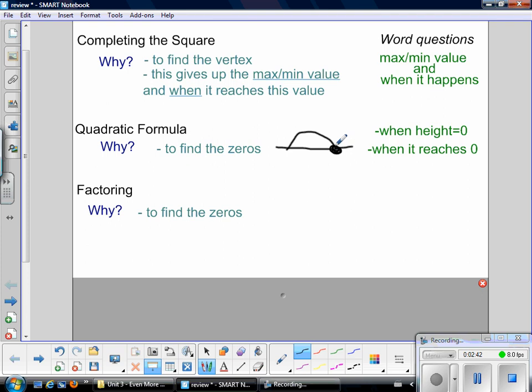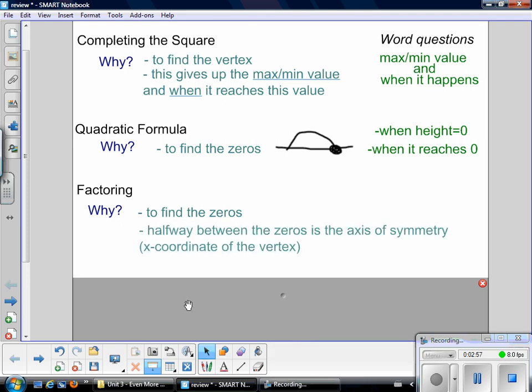That is what we're interested in because that's the 0. Okay, so that's when I would use the quadratic formula, or I could use factoring too to find those zeros.